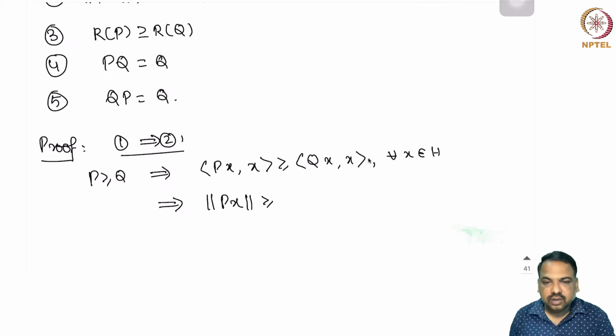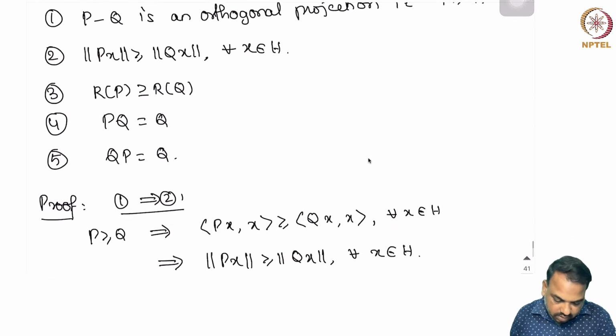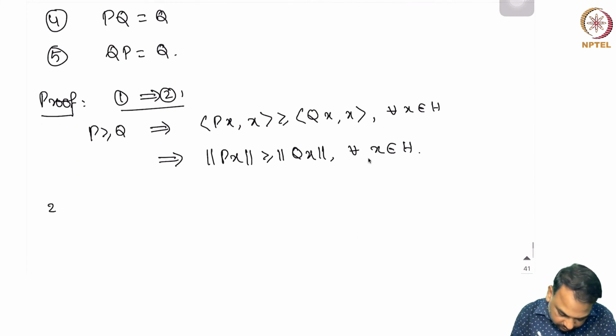Since all the terms involved here are positive, norm Px is bigger than or equal to norm Qx for every x in H. This proves 1 implies 2.